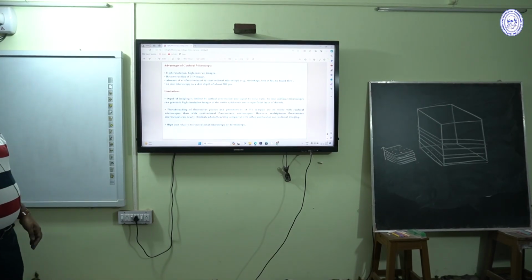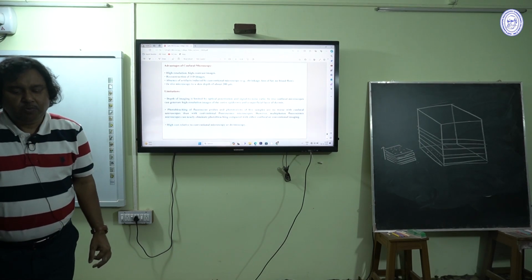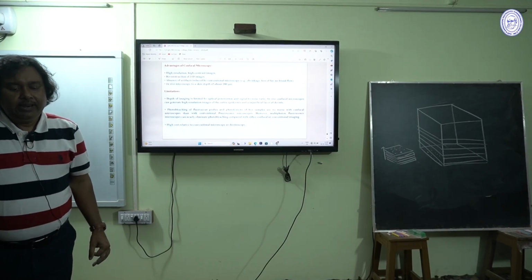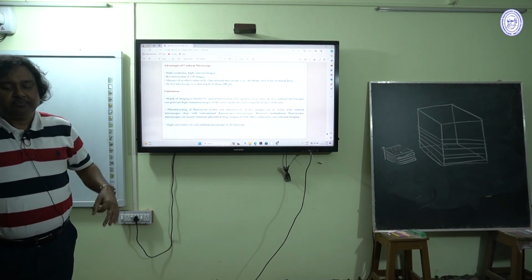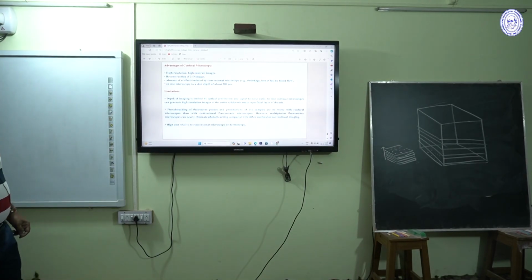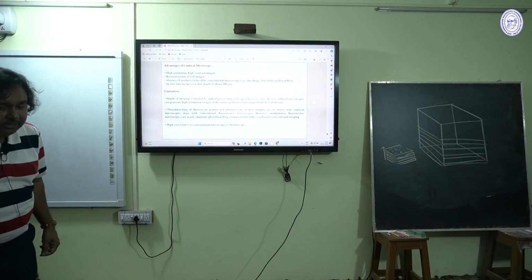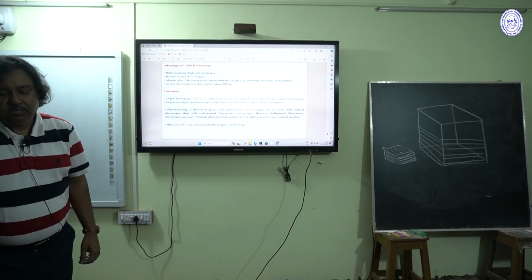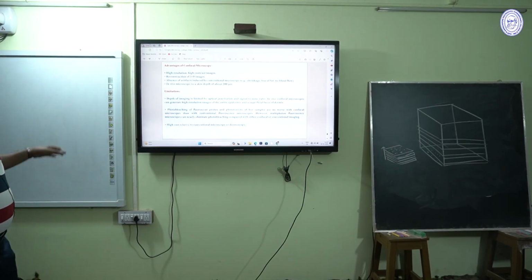Advantages of confocal microscopy: high resolution, high contrast images, reconstruction of 3D images, absence of artifacts induced by conventional microscopy, in vivo microscopy to a skin depth of about 200 micron, etc. Limitations: high cost relative to conventional microscopy or dermoscopy, photo bleaching of fluorescent probes and phototoxicity of live samples, etc. And depth of imaging is limited by optical penetration and signal to noise ratio.